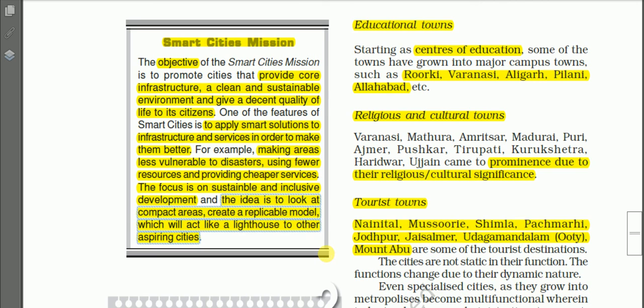Actually, we have to develop a model city that can be a replica for other aspiring cities. That model city would be the lighthouse for the other aspiring cities. So this is about the Smart Cities Mission launched by the government of India.